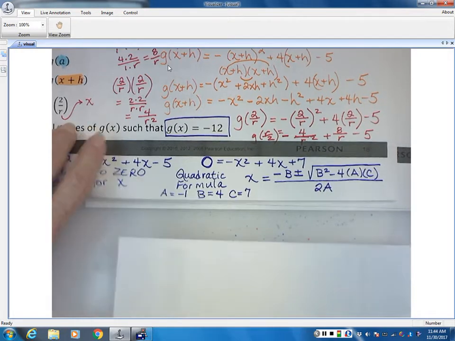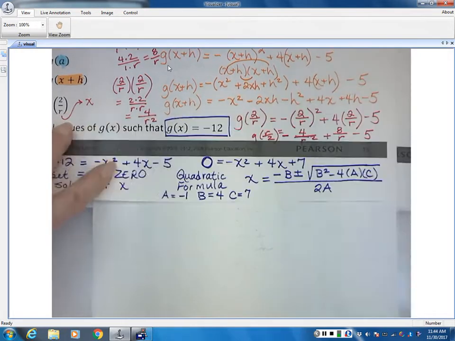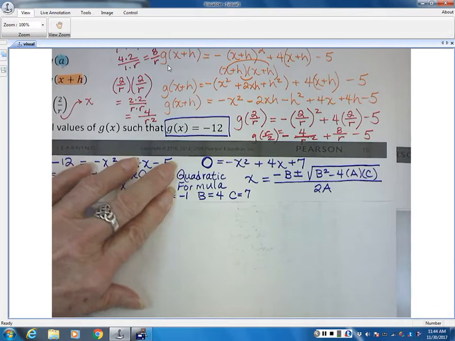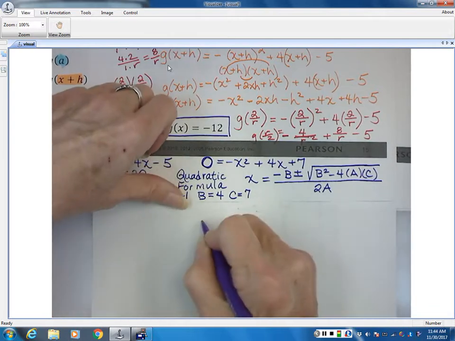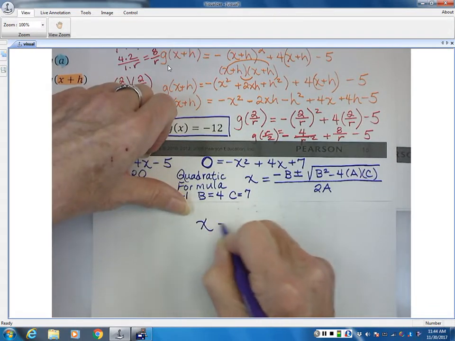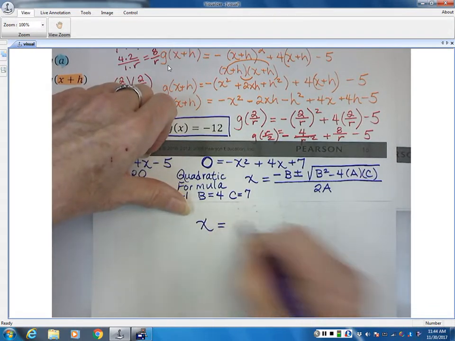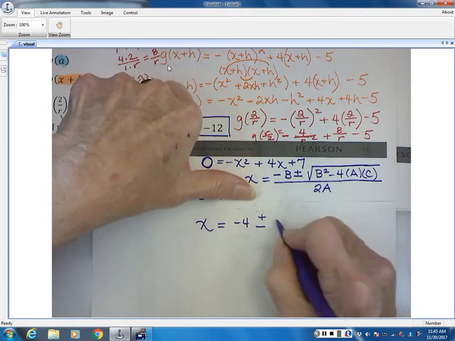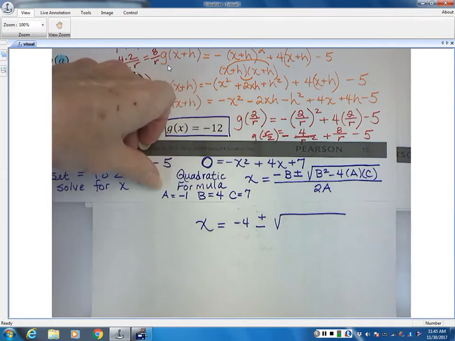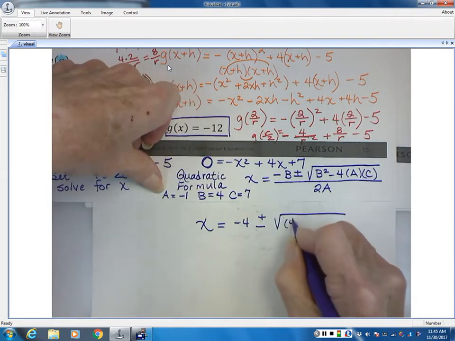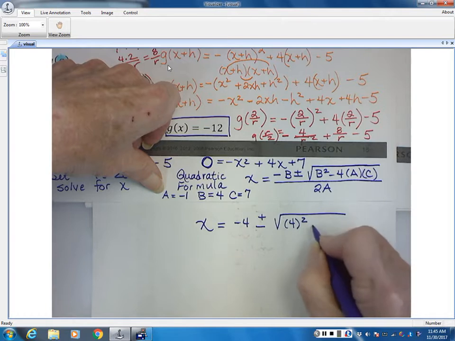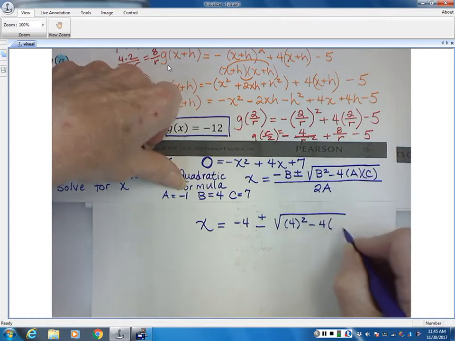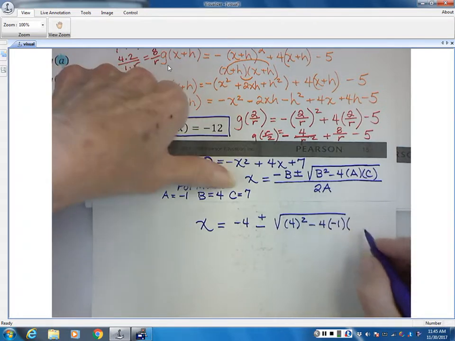Since I've run out of paper, I'm going to slide another piece of paper under here so I don't write on the overhead. So that means that our actual formula to solve is x is equal to 4 plus or minus the square root of 4 squared minus 4 times negative 1 times 7.